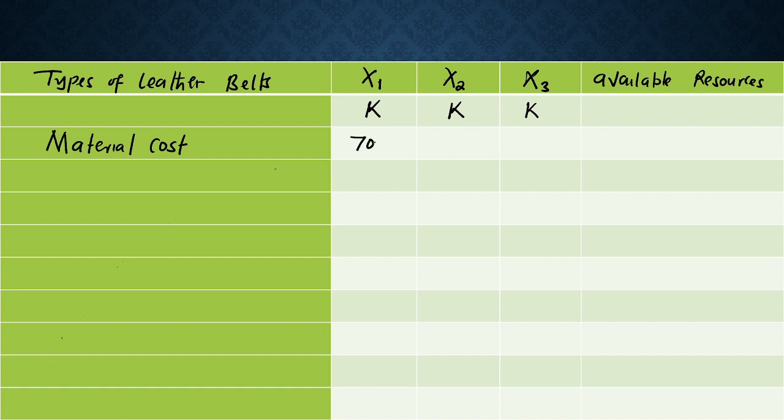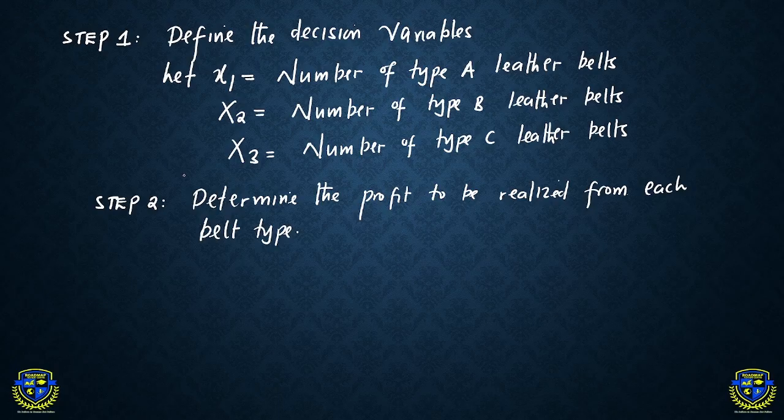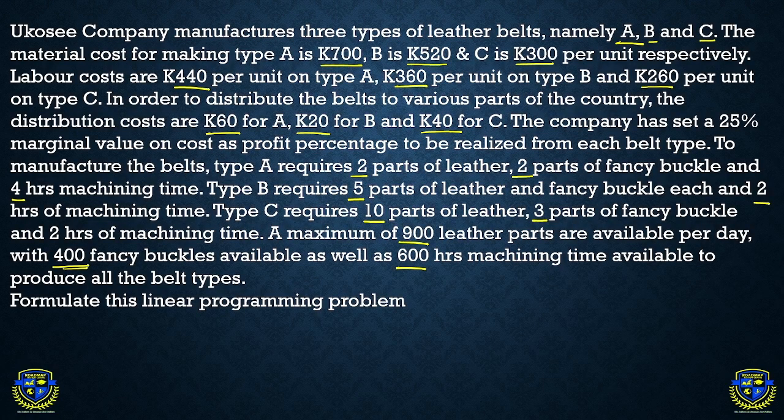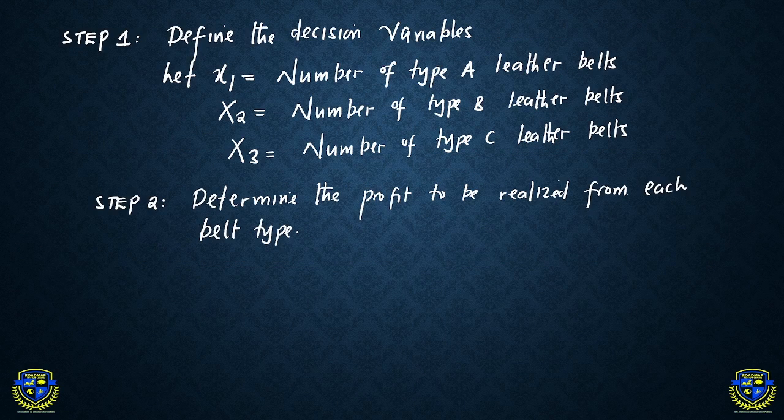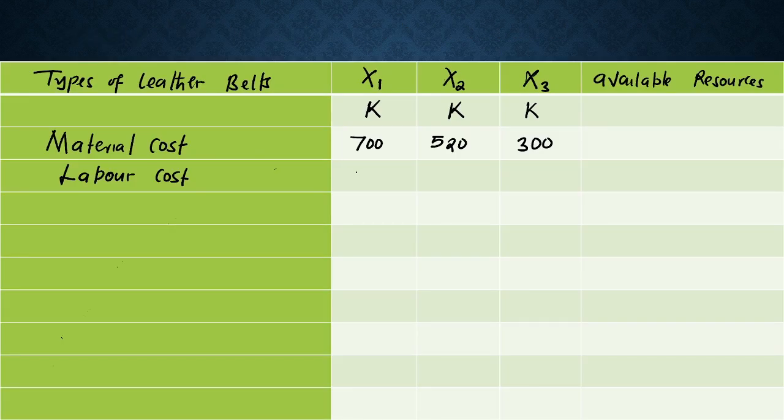So we have 700 here, and we have 520, and we have 300. Then we also had labor costs, which is 440, 360, and 260. So 440, then 360, and 260.